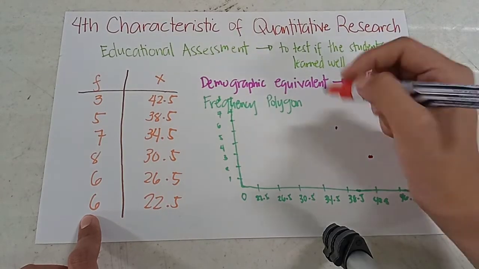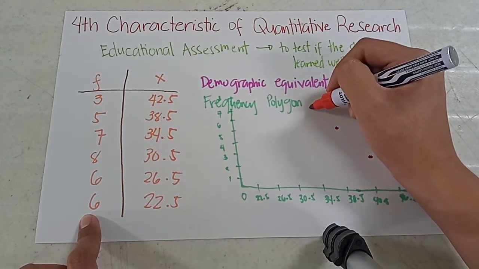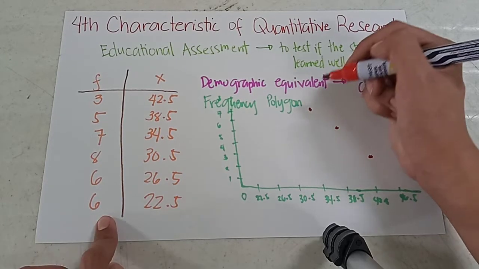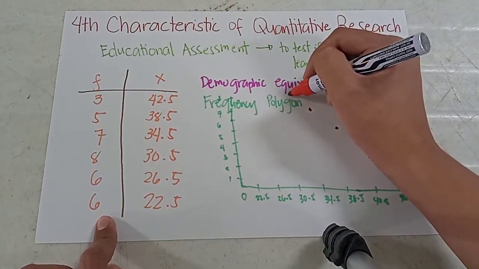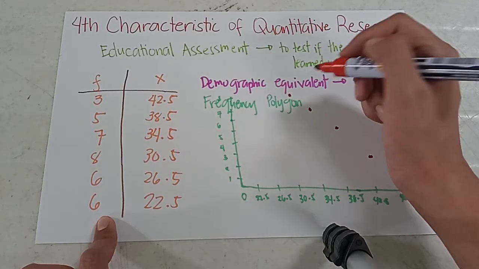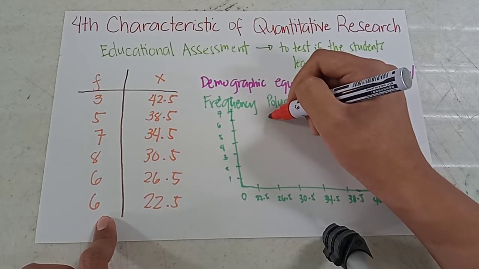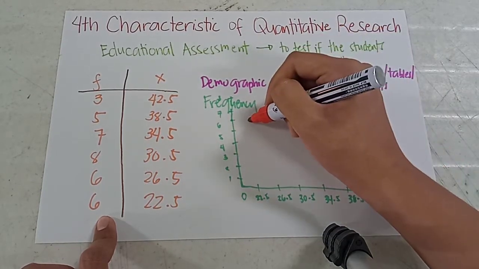Then we have 7 and 34.5, so let us have it here. Then 8 and 30.5. We have 26.5 and 6. Then 22.5 and 6.